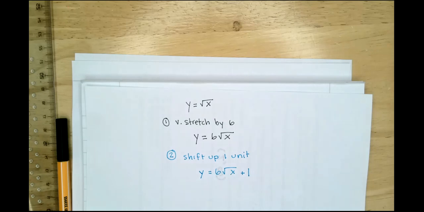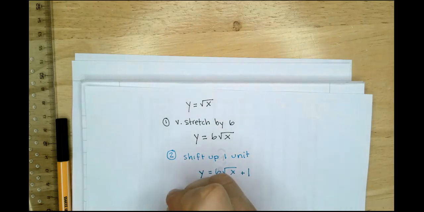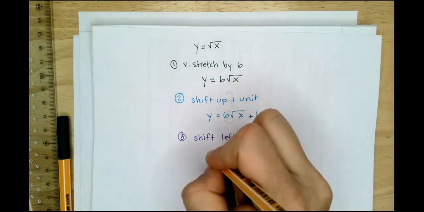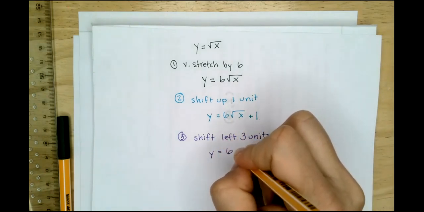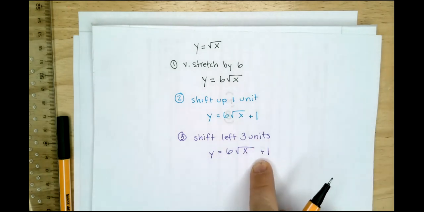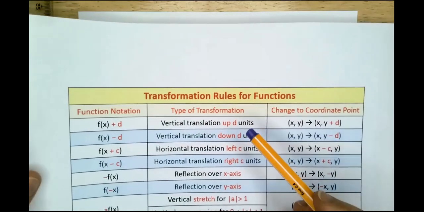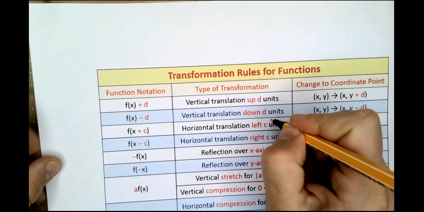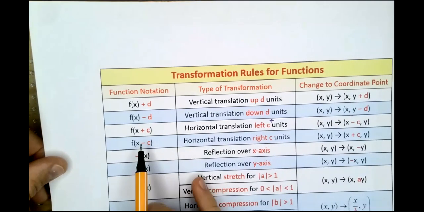And then our third change asks us to shift it left 3 units. So you see how each time we're keeping what we had before, y equals 6 square root x plus 1. The plus 1 is outside the grouping symbol of the square root. Left 3 units, sorry. So left 3 units, even though left is in the negative direction on x, left is a plus.